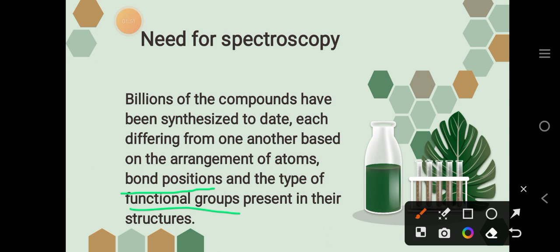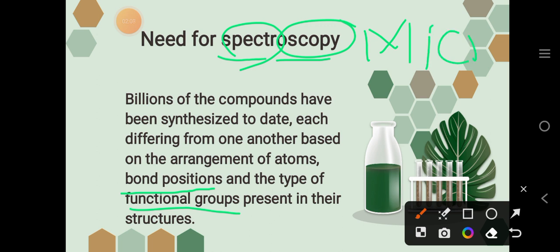To go into detail, I would like to break down the word spectroscopy into two sub-words. One is spectro, another is scopy. Like in microscope we have the word scopy, which means to see or examine. We use a certain kind of spectrum, like the infrared spectrum or the visible light spectrum.